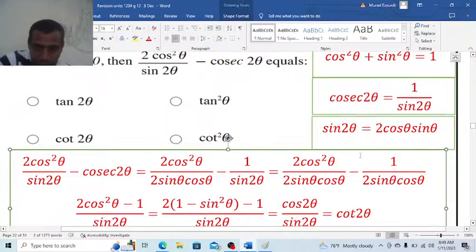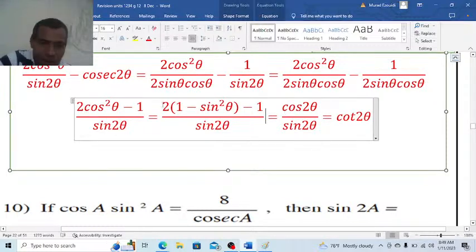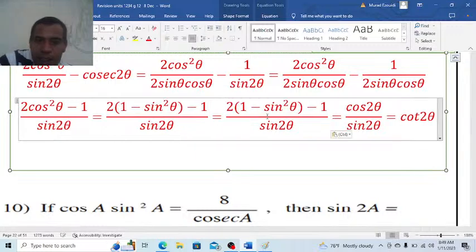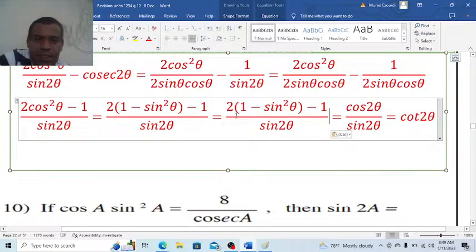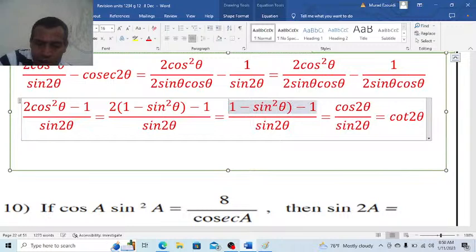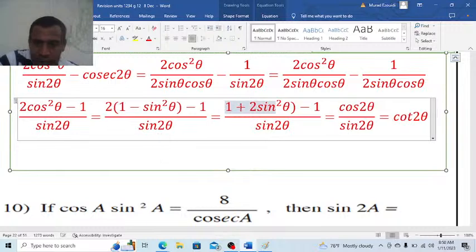You can also write it as equal, 2 times 1 is 2, 1 plus 2 times sine square.